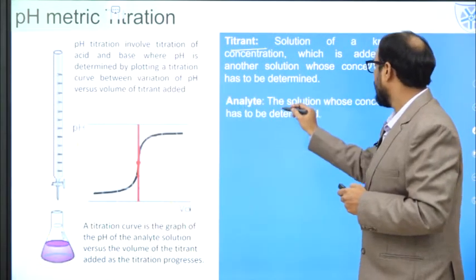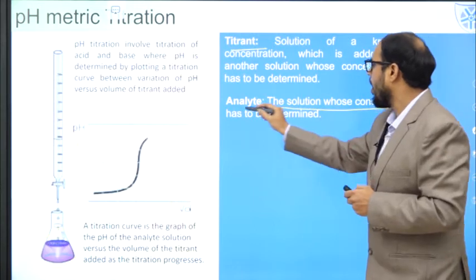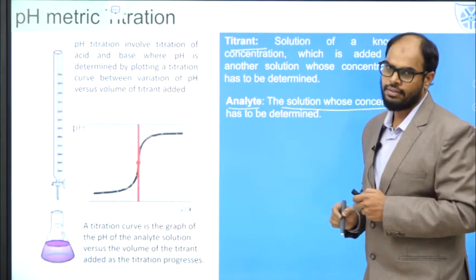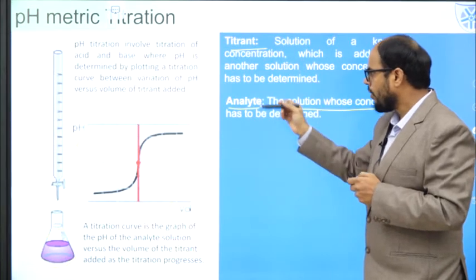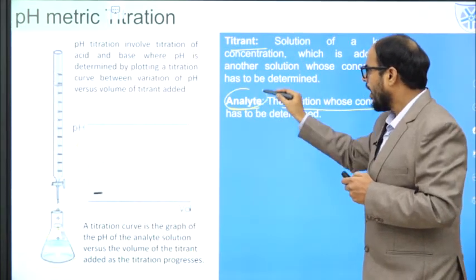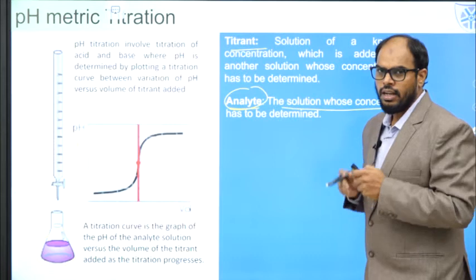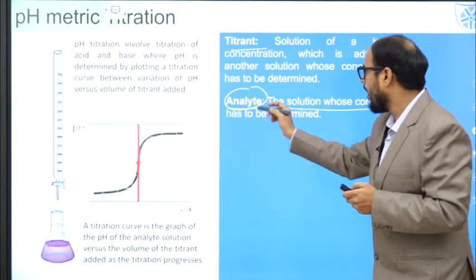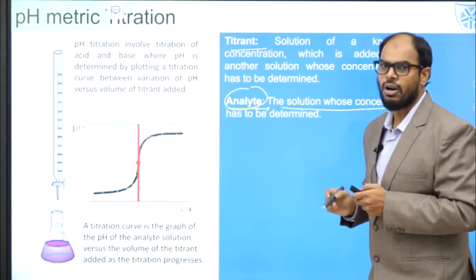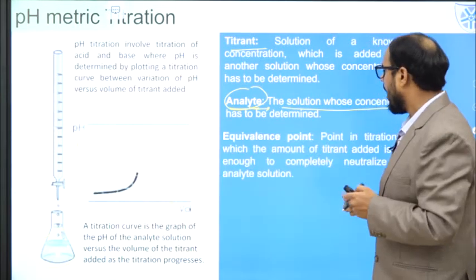This solution of unknown concentration is called the analyte. We are trying to add a titrant from a burette to an analyte. And one more important thing is that the concentration of titrant is known, but the concentration of analyte is to be analyzed or determined.